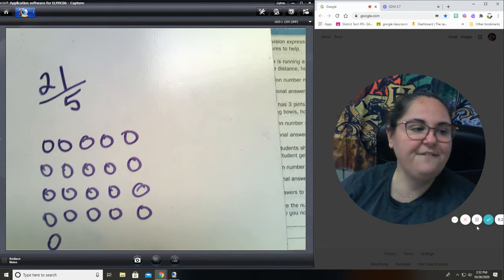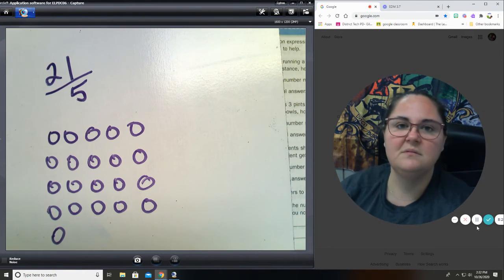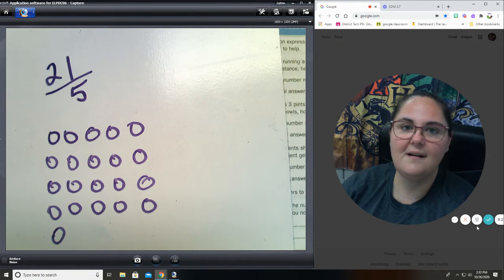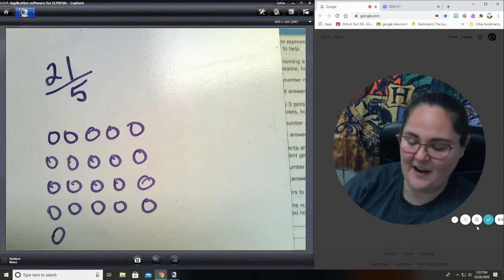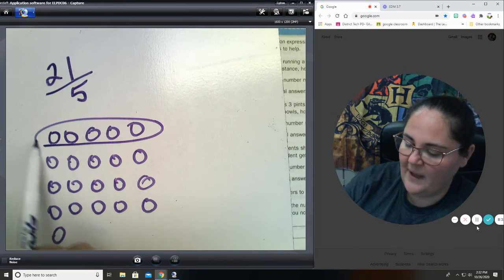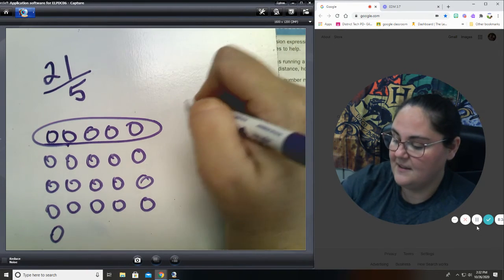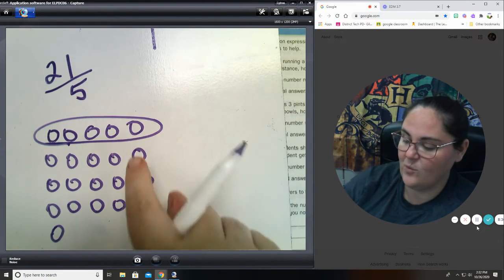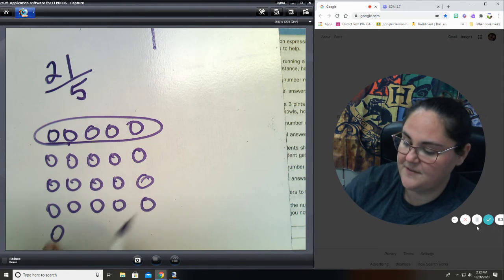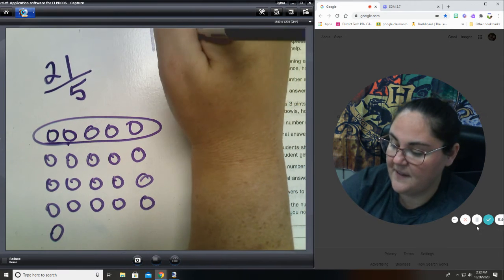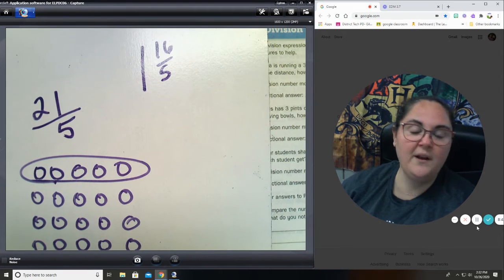Now, how many fifths make a whole? 5, right? So here's one whole. I'm going to put those together. So that means I have one whole and 16 fifths. I took one whole and pushed it together.